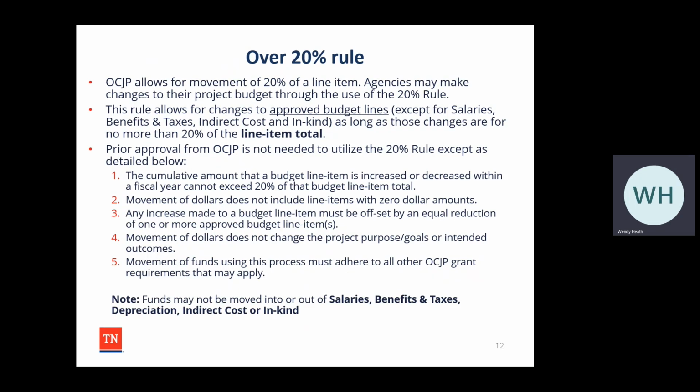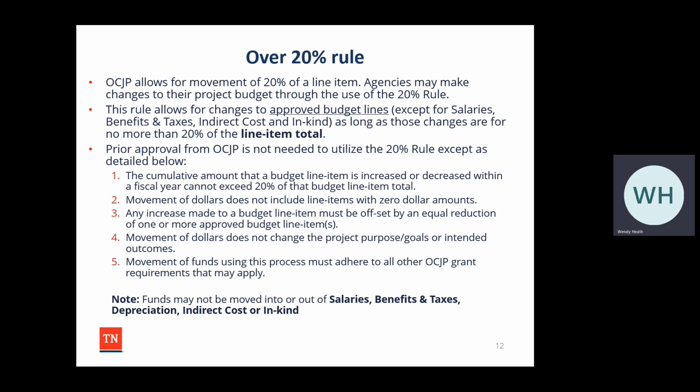We're going to go over the 20% rule. OCJP allows for movement of 20% of a line item. Agencies may make changes to their project budget through the use of the 20% rule. This allows for changes to approved budget lines, except for salaries and benefits, indirect cost, and in-kind, as long as those charges are for no more than 20% of the line item total.